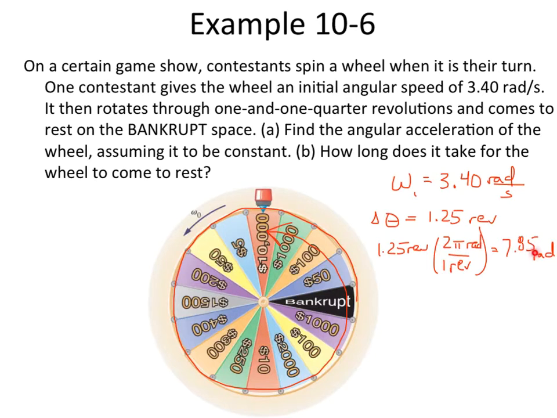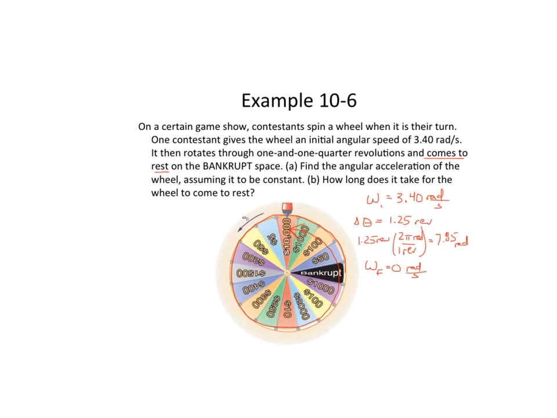All right, comes to rest. That means our final angular velocity equals 0 radians per second. Let's find the angular acceleration of the wheel as it slows down, and let's find the amount of time that it takes. I'm going to shrink this down because I need more space.